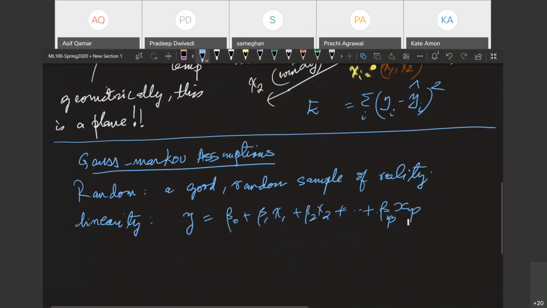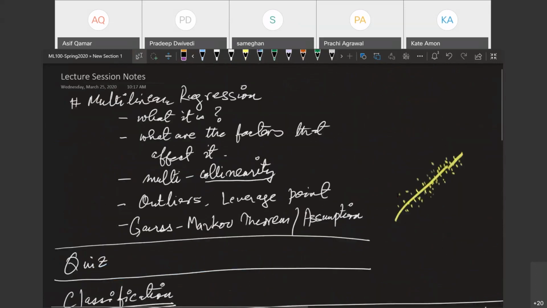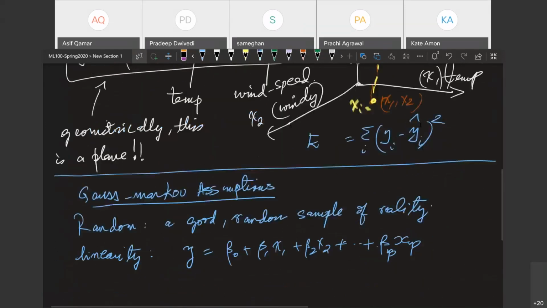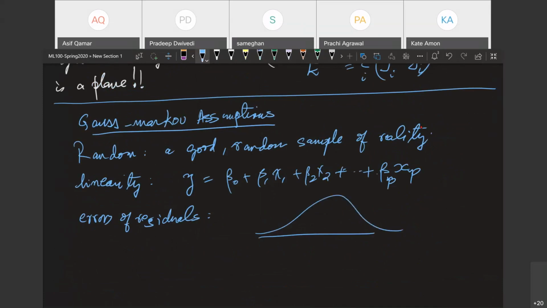Then there is another condition, which is common sense. Again, see, these are just common sense quantified, guys. Here, do you notice that all the points, all the errors are around the line? The real data is around the line, which means that the residues are all small. And if you remember, if you make a frequency of the residuals, they have a distribution like most of the errors.